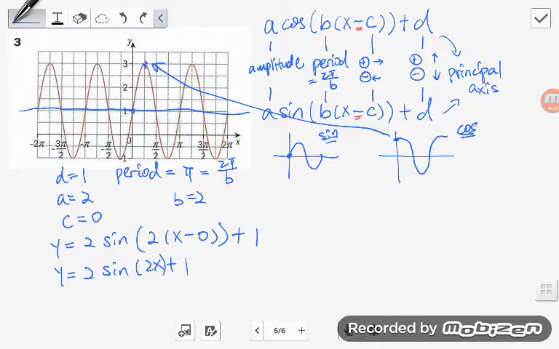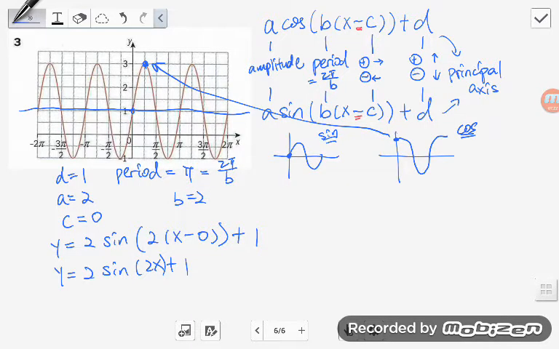So there is a horizontal shift. However, the principal axis is still the same, which means my d is the same. My amplitude is still the same, so my a is the same. The period is still the same, so b is the same.